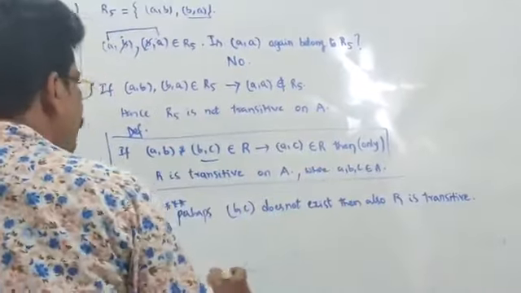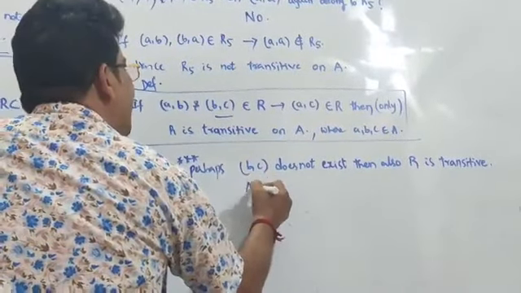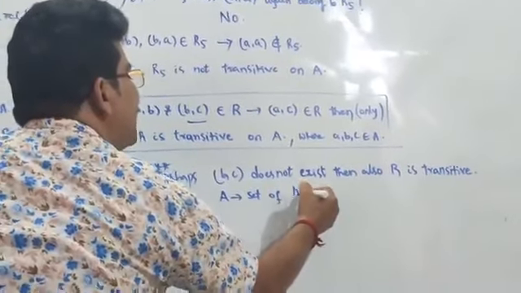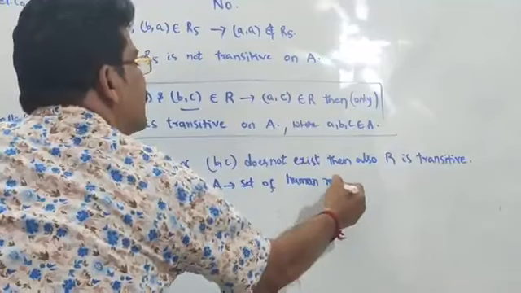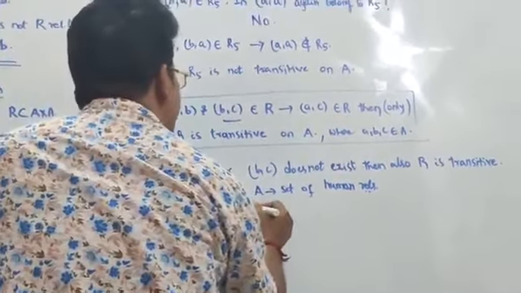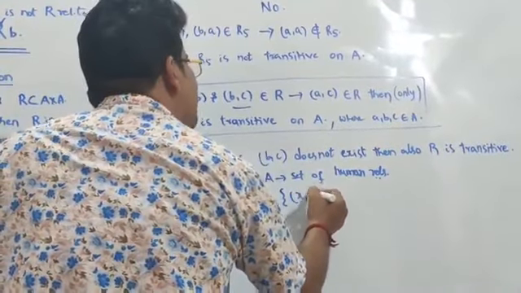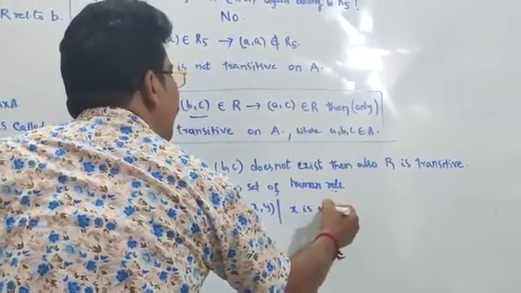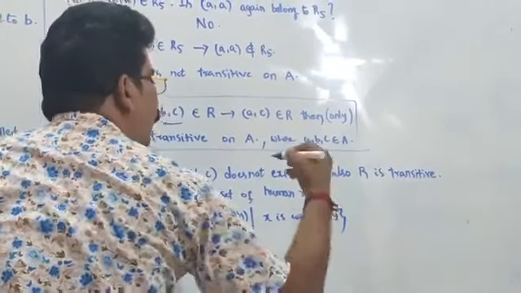First, capital A is the set of human relations. R is defined as capital R equal to the set of x comma y such that x is wife of y.